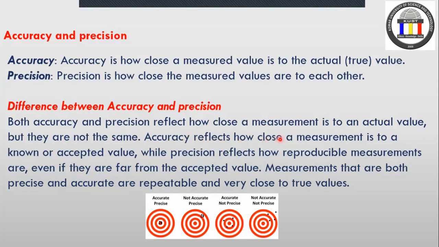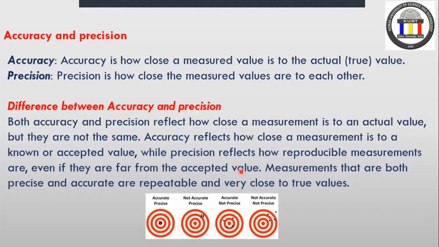Accuracy reflects how close a measurement is to the known or accepted value, as we said for the gravitational force. For example, the accepted value is 9.91 meters per second squared, and your experimental value for the gravitational force is 9.9, so you are accurate. While precision reflects how reproducible measurements are, even if they are far away from the expected value.